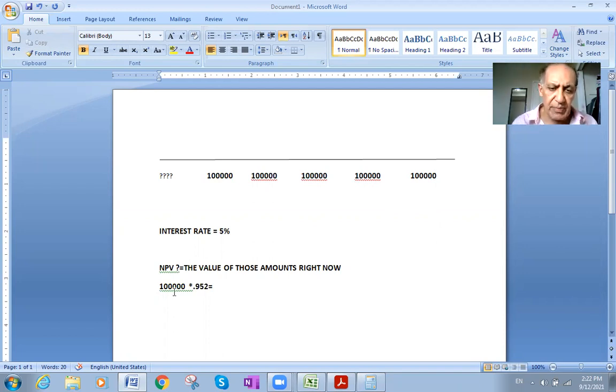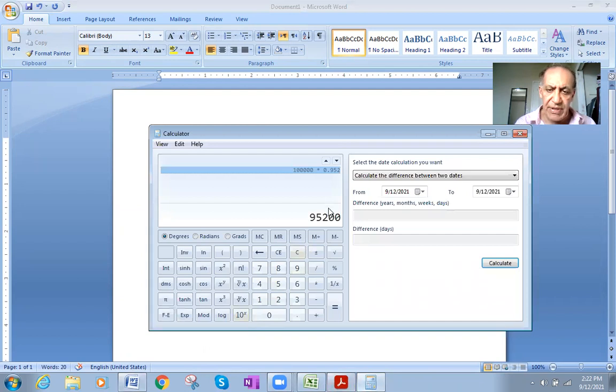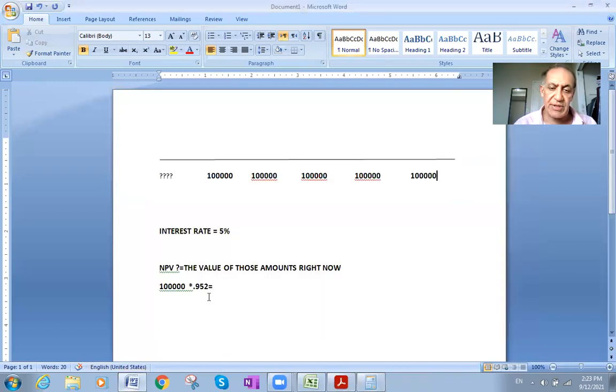The amount will be 100,000 like this, and multiplied out it will be 95,200. The value now of this 100,000 that comes to me after 1 year is $95,200. So I will put it here on the manual solution.